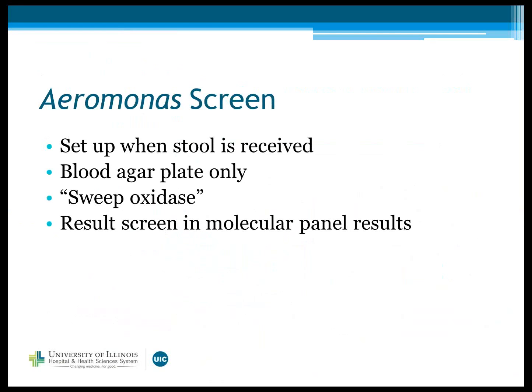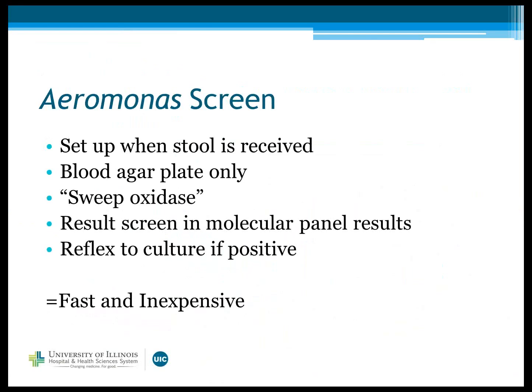If that's negative, we'll result that Aeromonas screen in our molecular panel. So we built that in as a reportable target. But if it's positive, we'll reflex that over to culture to try to recover that for a definitive identification.